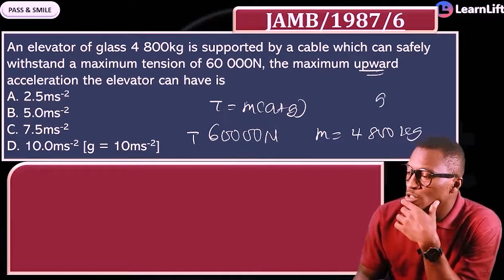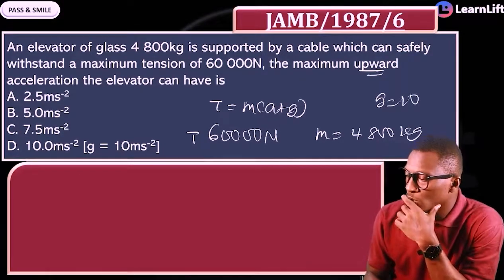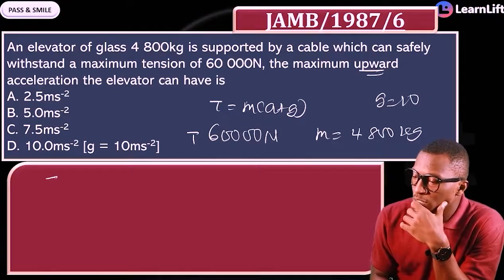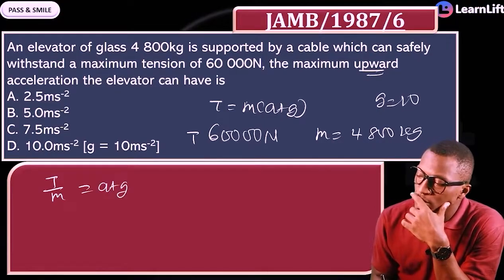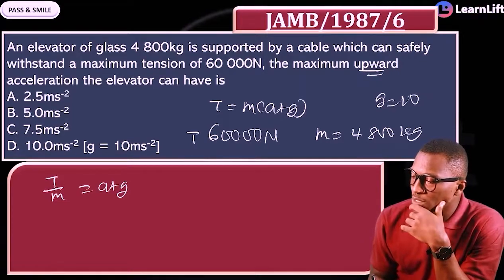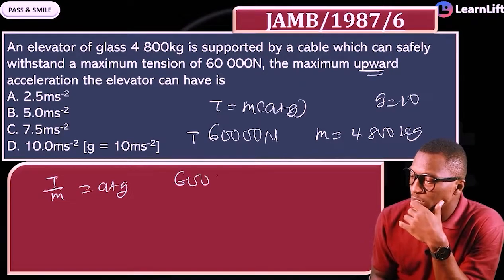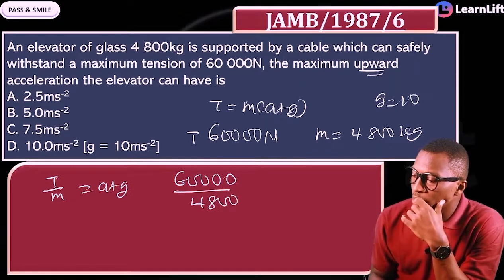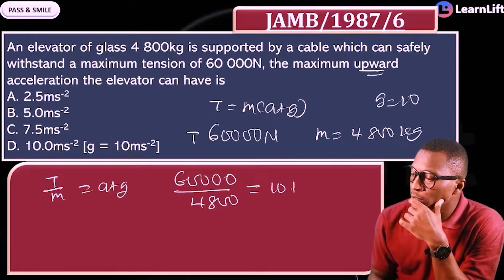Acceleration due to gravity, G, will be 10. So that will give us T over M is equal to A plus G. Is that correct? That will give, first of all, 60,000 all over 4,800 is equal to A plus 10.